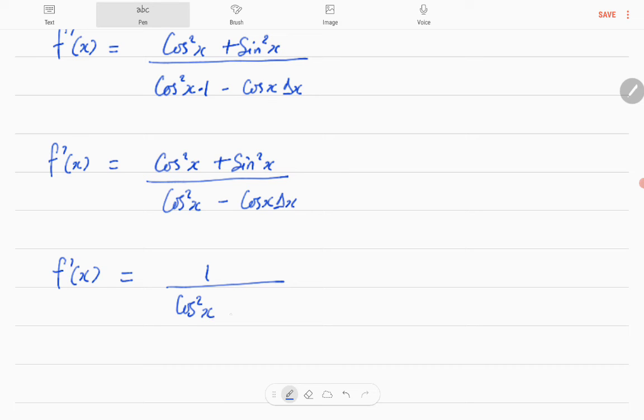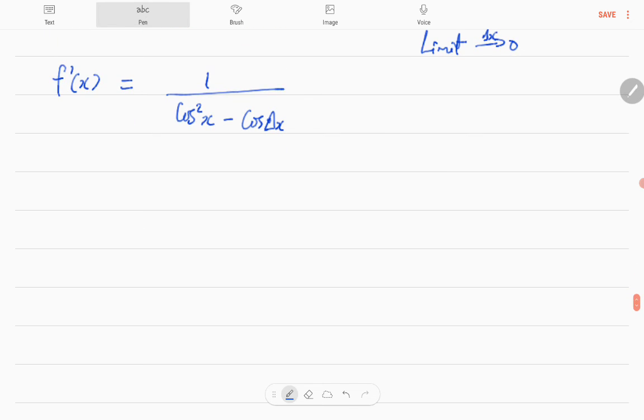So we'll have f prime of x is equal to 1 divided by cos square x minus cos x dx. Now we are going to limit dx to 0. So wherever you see dx, you replace it with 0.